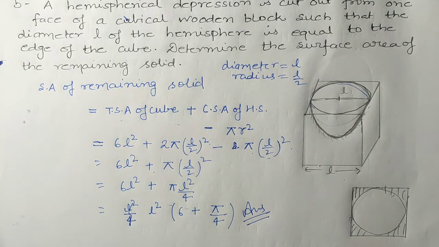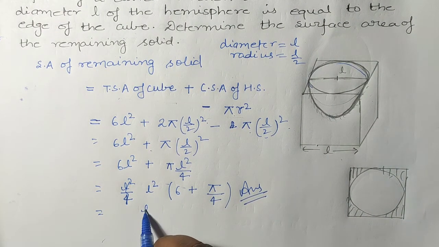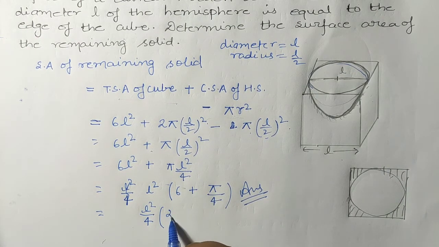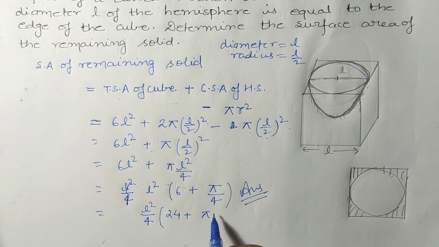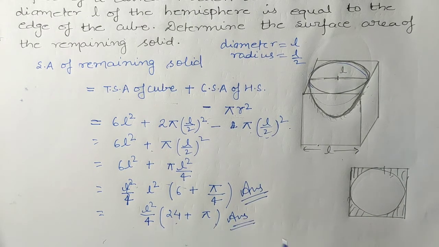Or one more step you can solve, you can take common L square by 4, then it will be 4 6s are 24 plus pi. When you multiply it, you will get the previous step. So this can also be the answer of this question.